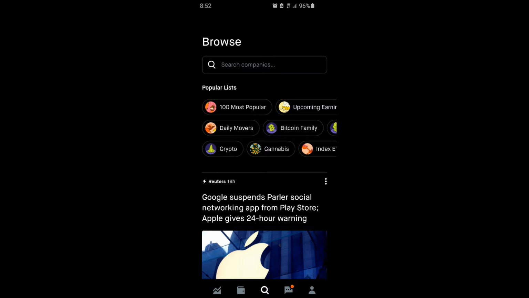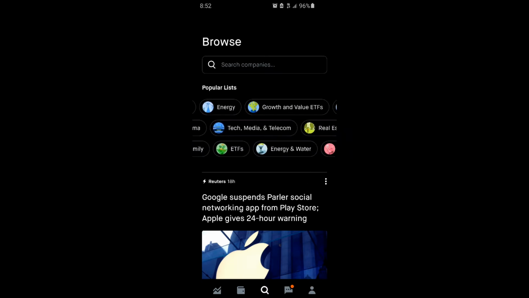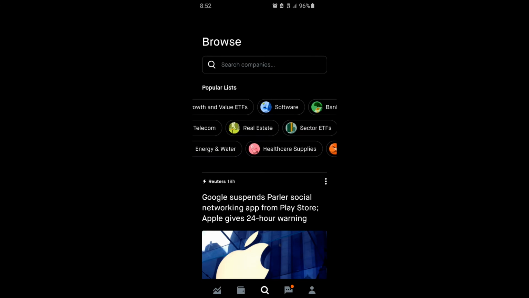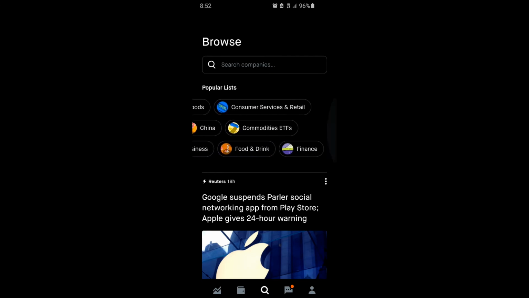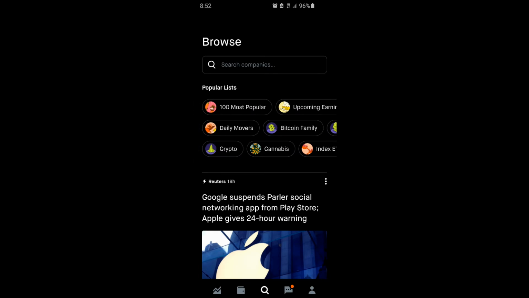Or if you're like me and you don't know too many of the companies out there, there's so many of them, you can learn and educate yourself by looking at these popular lists. It categorizes each of the different stocks out there into one of these categories, and makes it a little bit easier if you're looking for a certain sector.